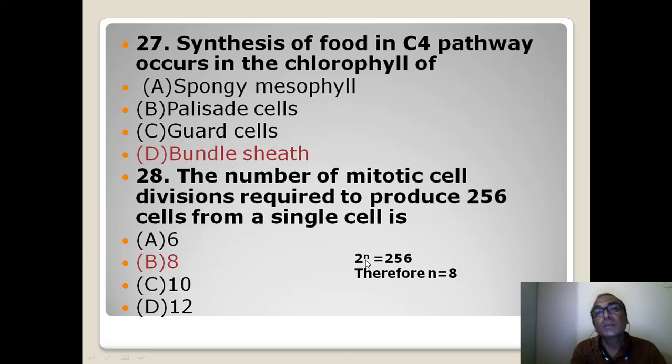So 2 raised to n will be equal to the total number of cells produced, 256. So you have to find the value of n so that 2 raised to that number gives 256. If you calculate 2 raised to 8, it will be 256. So that means 8 cycles of cell division take place.